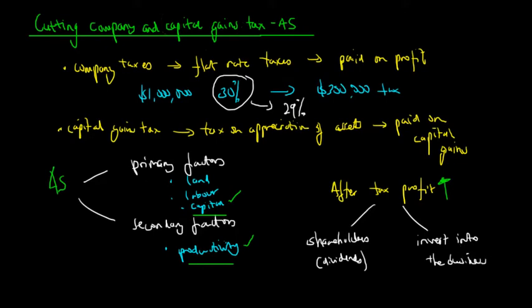As their after-tax profit increases, they could give some of that profit to the shareholders, but they could also invest a proportion of that increase into the business. By investing that into the business, that would increase their capital and as a result increase productivity. A very simple example of why capital increases productivity is technology.